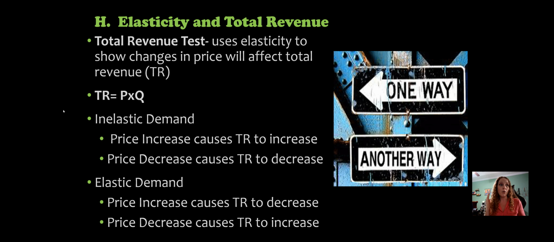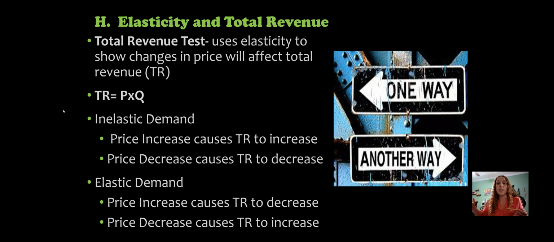So a price increase is going to cause the total revenue to decrease. So if something is elastic, a firm might decide it's not a very good idea to actually raise our price because our total revenue is going to fall in that case. The quantity demanded is going to be very sensitive to that change in price. When they raise the price, a lot of people just aren't going to buy.